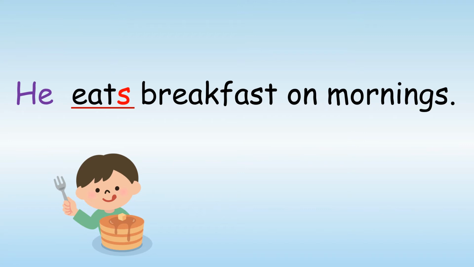So we do not say he eat breakfast. He eats breakfast on mornings. And on mornings tells us that it is a habit. So when we are using he in the present habitual tense, we add the letter S to the verb.